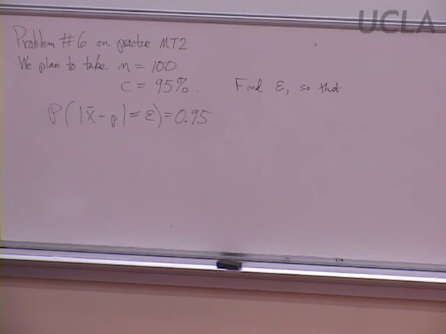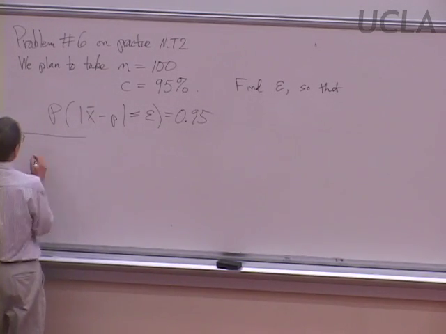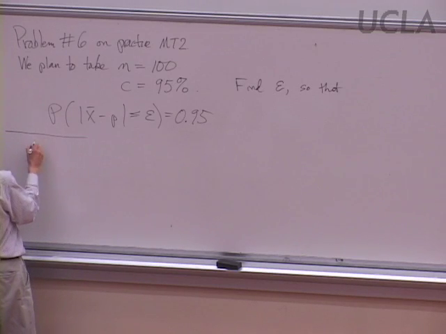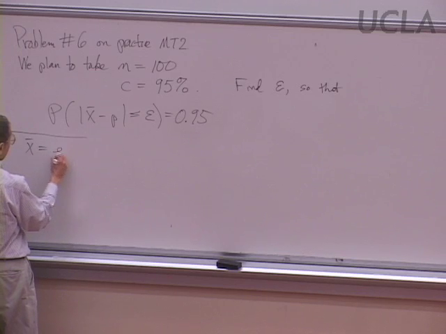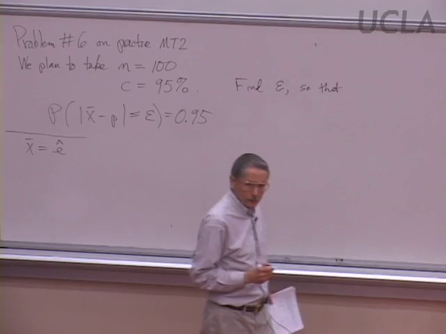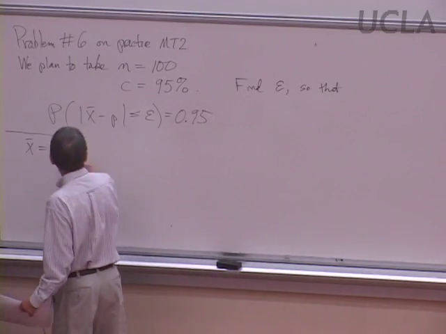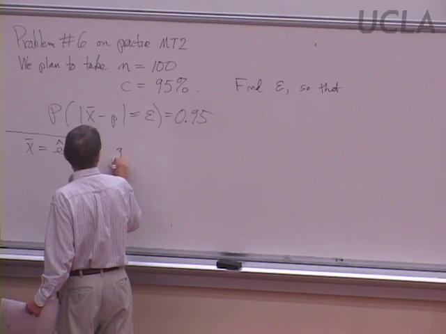Well, so you did this problem. It's the pill problem again. X bar, by the way, in this problem was called E hat for the estimate.